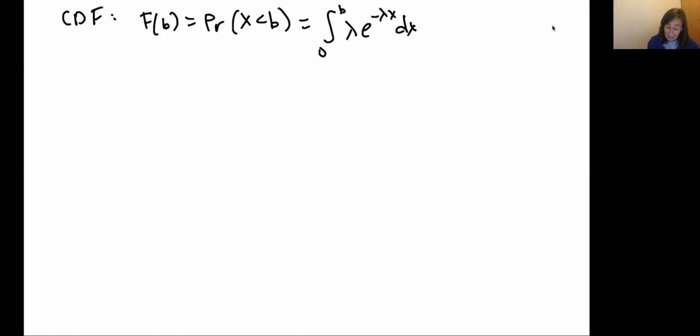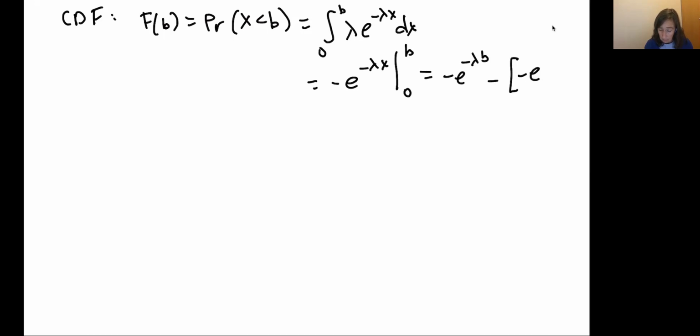We just integrated basically that same function, so the antiderivative will be the same. Still negative e to the negative lambda x, but now we're going from 0 to b, and that is negative e to the negative lambda b minus negative e to the negative lambda 0.